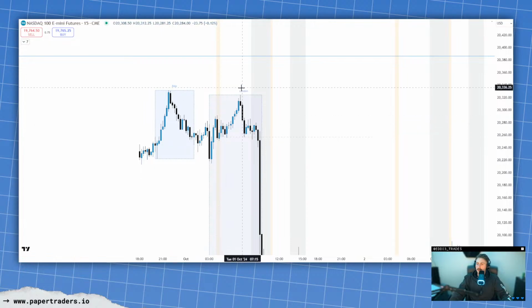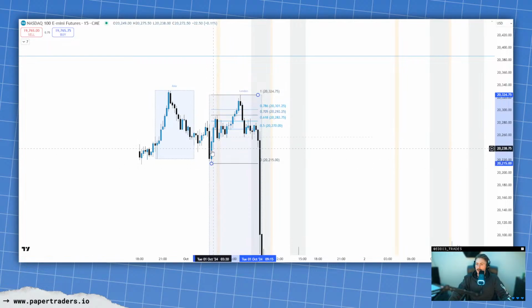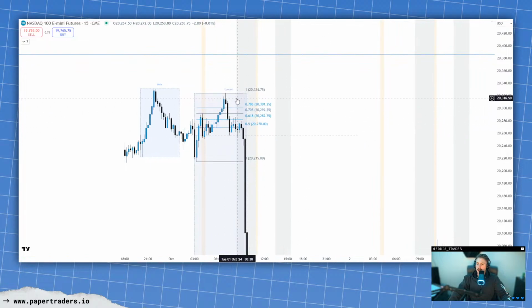For example, on this one, we can take this low to high. See, we never really came above the 50%, so it started to sell back down. We can expand it, most recent low to high, and then you start to get that 618. Right at 8:30 is when you start to get those moves.